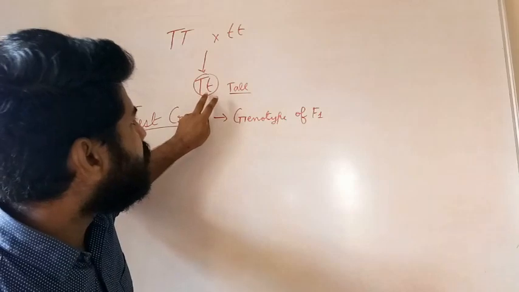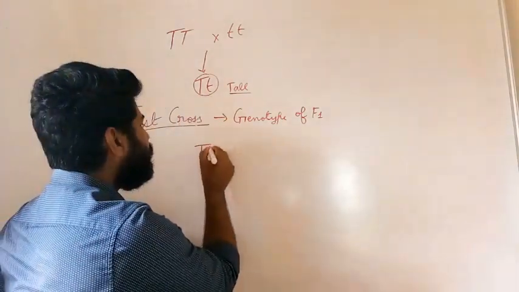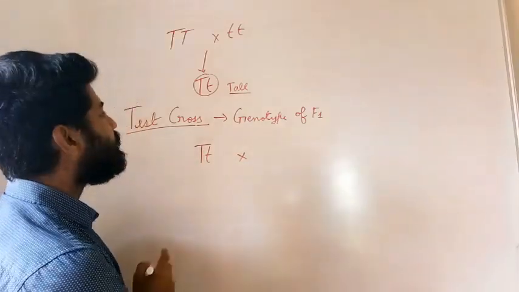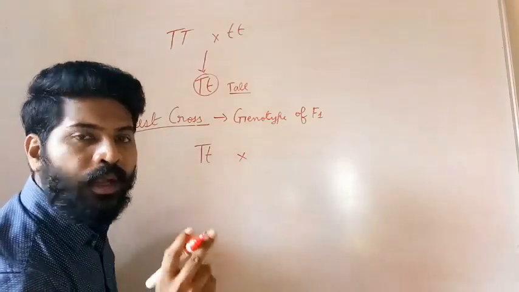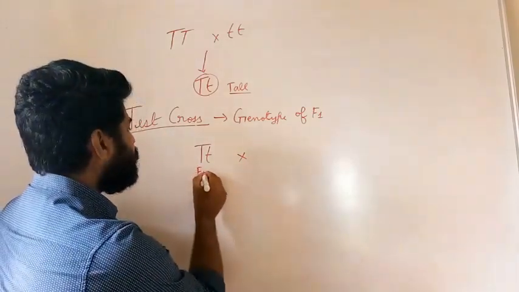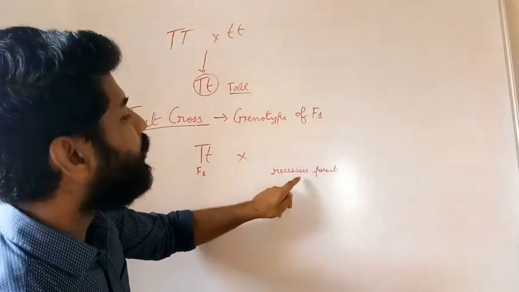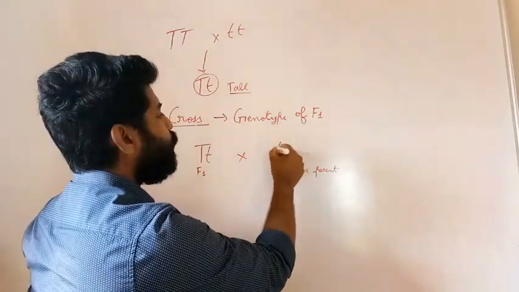We cross the F1 generation, in this case capital T, small t, with the recessive parent. So a test cross is a cross done between the F1 generation and the recessive parent. The recessive parent in this case is the dwarf plant, that is small t.